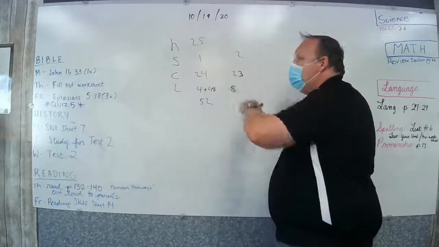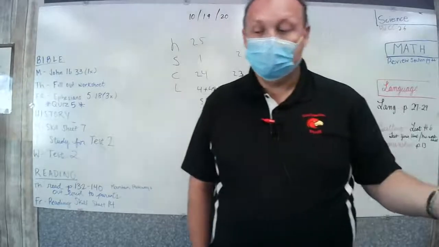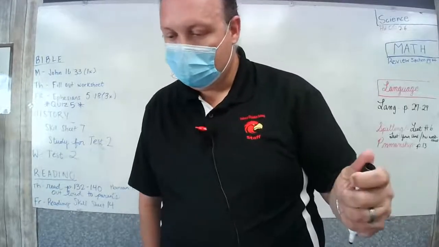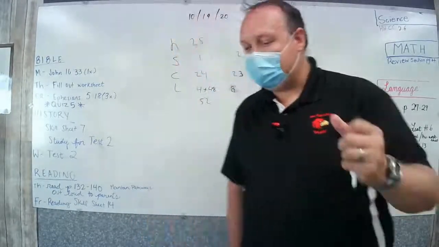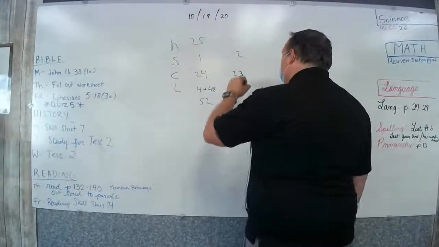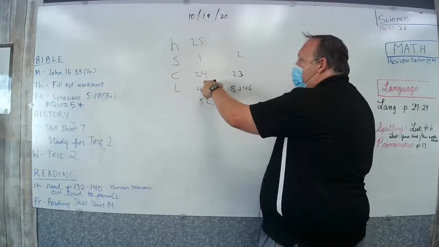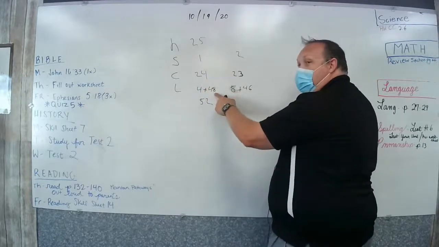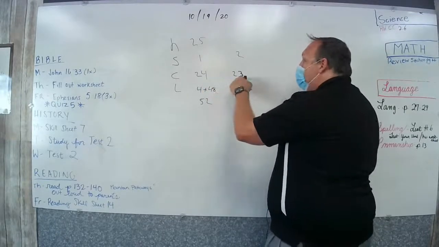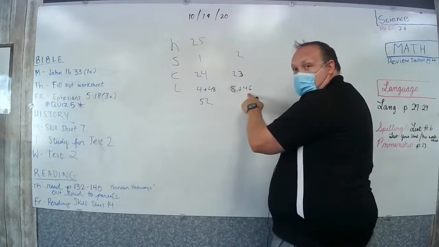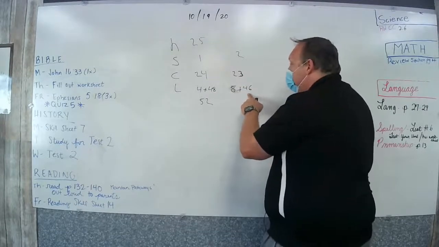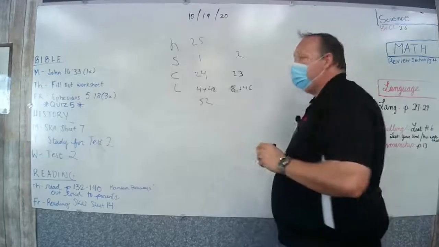If I have 23 chickens, how many chicken legs do I have? 46. Okay. I had 24 chickens, I had 48 legs. I have 23 chickens now, I have 46 legs. Okay. So 8 plus 46 is what?